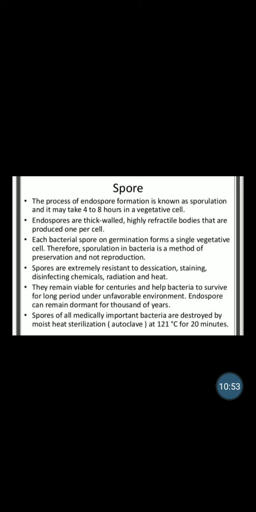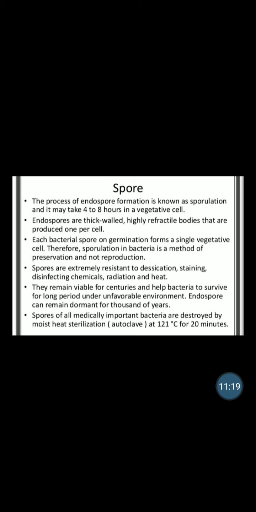Therefore, sporulation in bacteria is a method of preservation, not a method of reproduction.